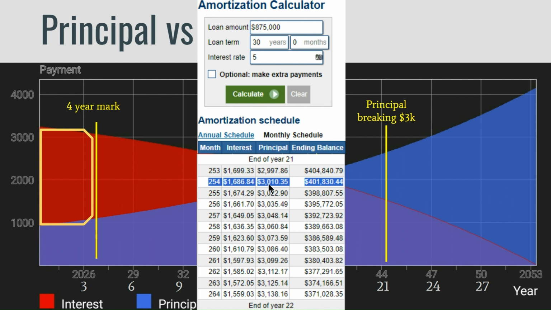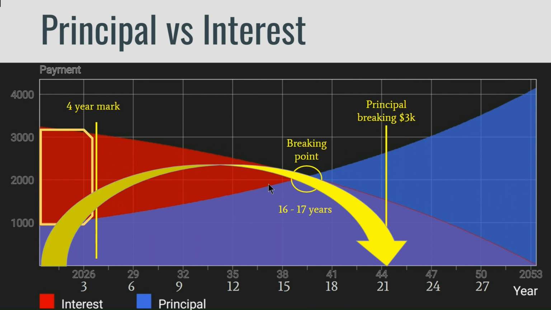So if you look at it, it will take you about 21 years to make that $3,000 principal payment. What we want to do is take you from day one all the way down to 21 years and make that $3,000 principal payment.